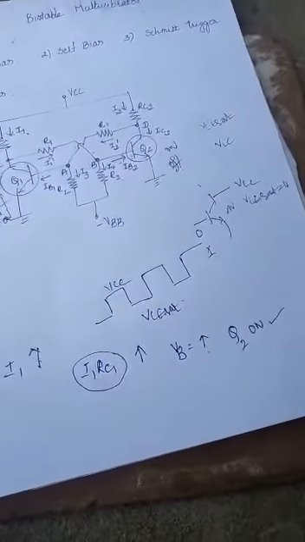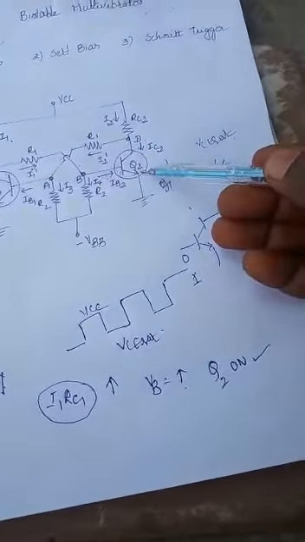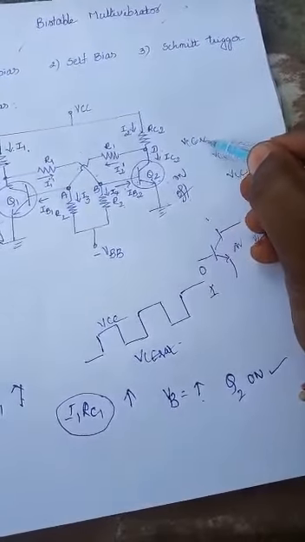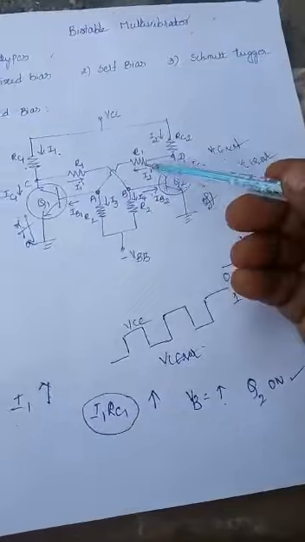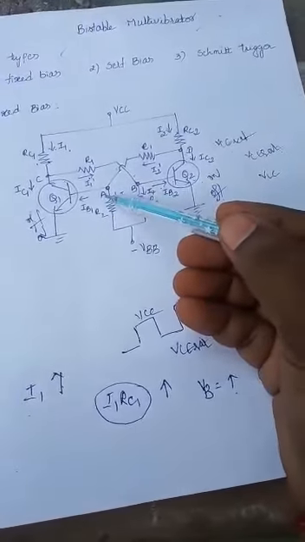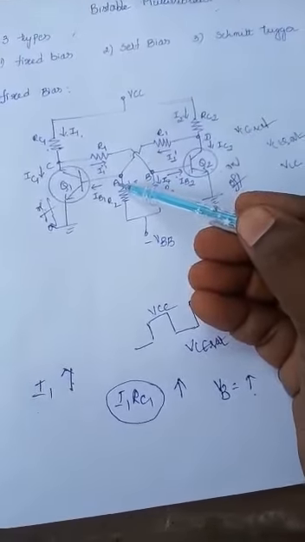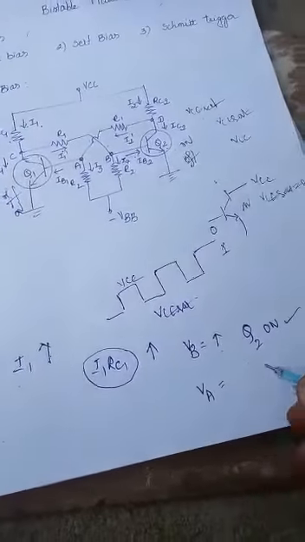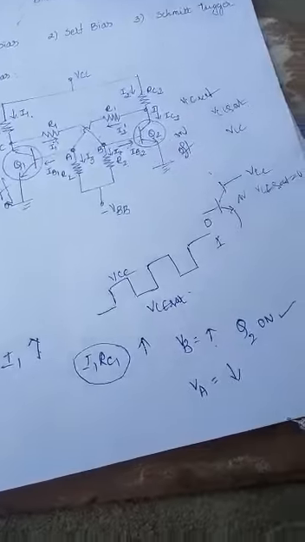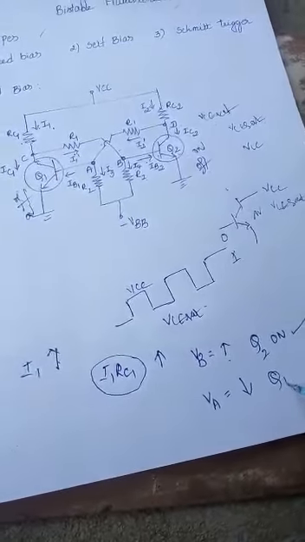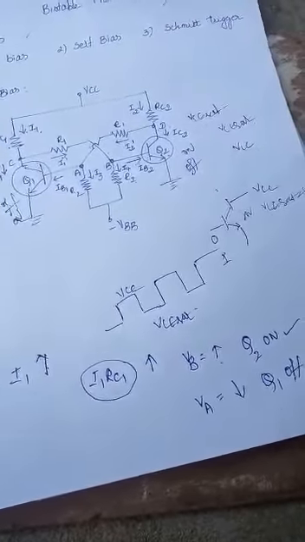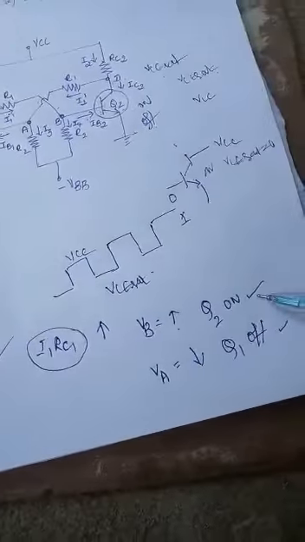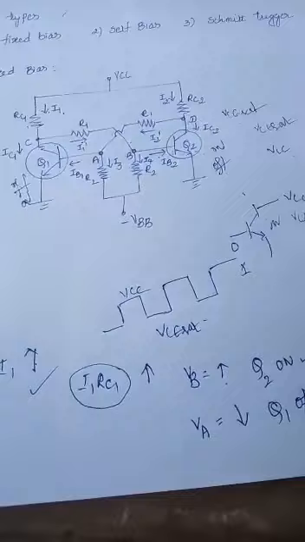If Q2 is in on condition, the voltage at node D is VCE SAT. So that VCE SAT is passing through R1 resistor to the base of Q1 transistor. Now the base of Q1 transistor, which is VA, is less, that is VCE SAT. So then the Q1 transistor is in off condition. So by assuming I1 increases, Q2 will be in on condition and Q1 will be in off condition.